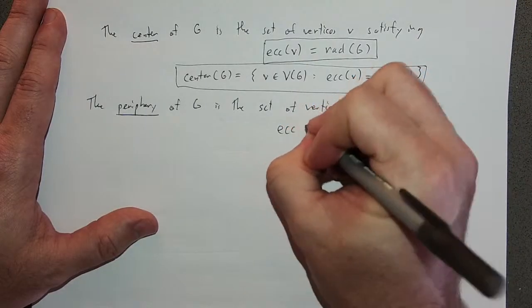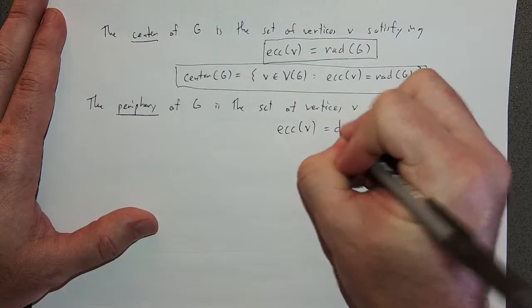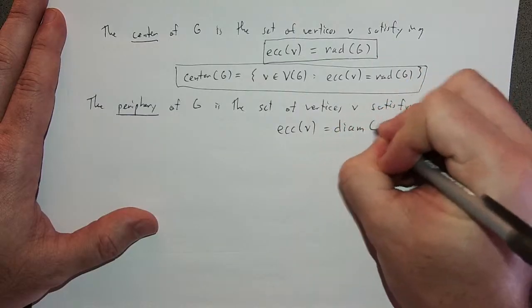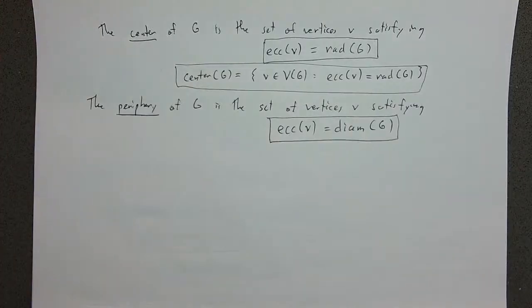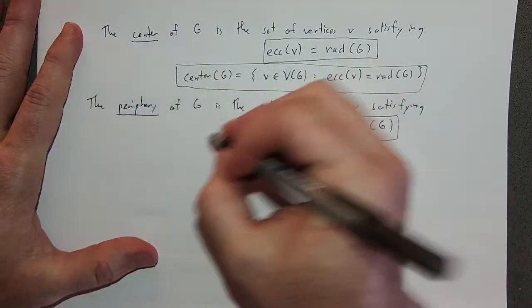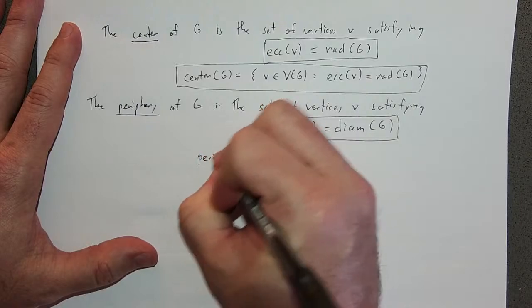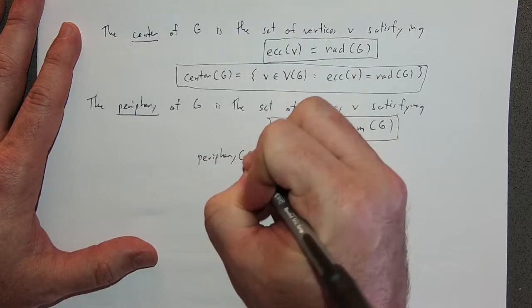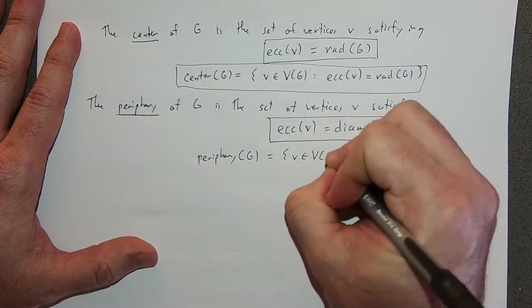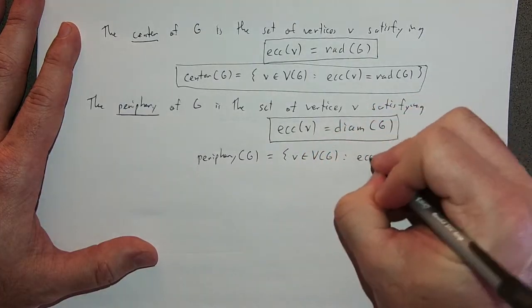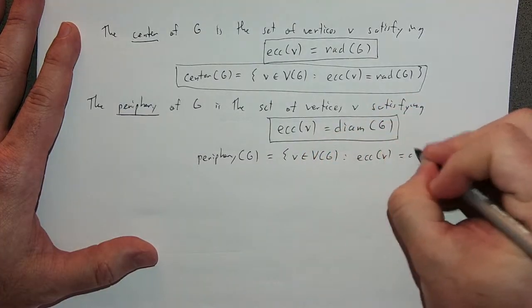So the eccentricity of V is equal to the diameter of G. I'll write it in set builder notation just for completion's sake. So it's the set of vertices such that the eccentricities are equal to the diameter.